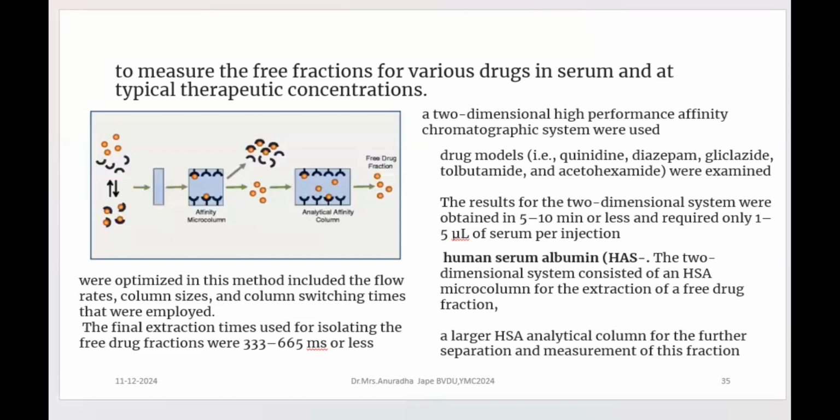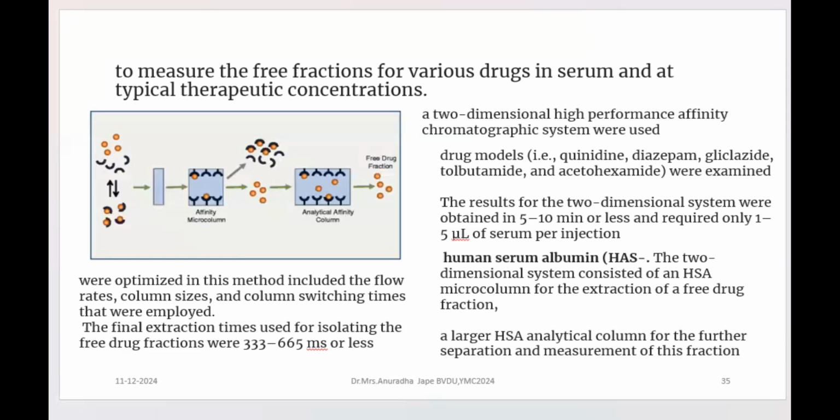So you have given the medicine to the experimental system, that is animal or human being in this case, and then after a specific interval you remove a small amount of blood, take the serum out of it, and then analyze it for the presence of the drug. So it needs to be concentrated and then analyzed.